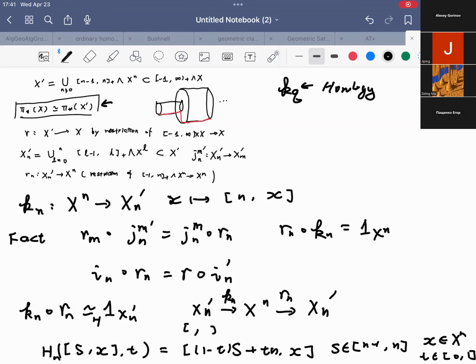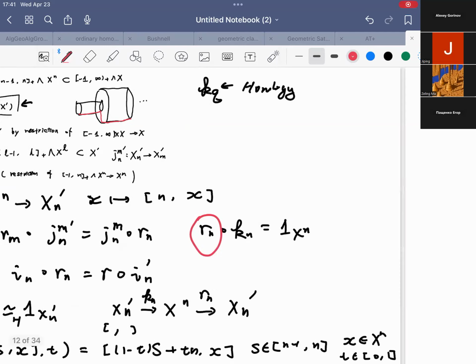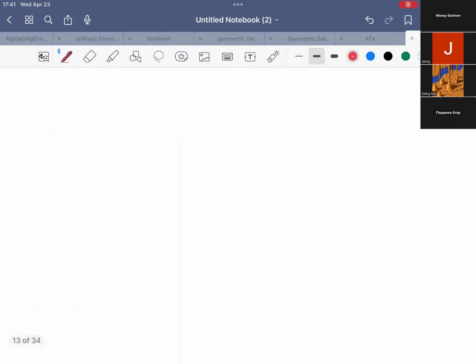Now you can get that R is a homotopy equivalence. Okay, so we have the following diagram. You consider the direct limit.